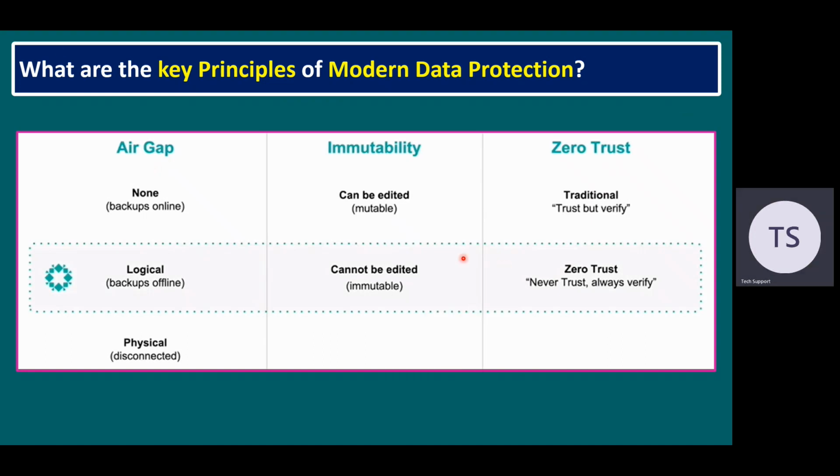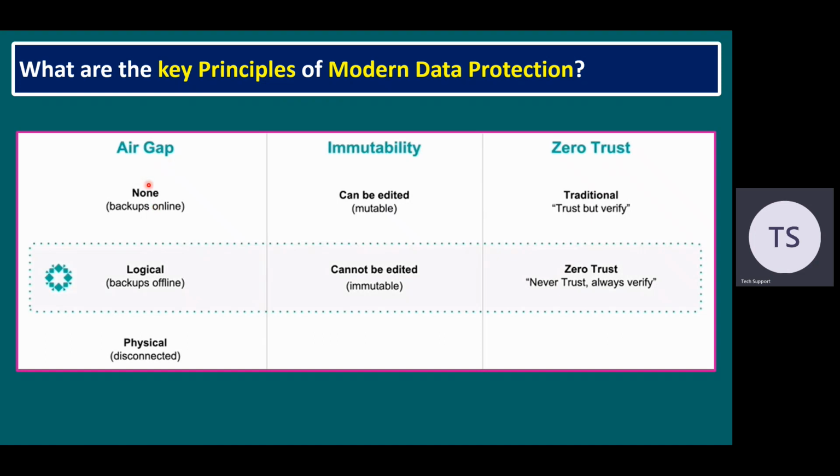When we look at modern data protection using the Rubrik solution, the air gap functions as a logical air gap. That means backups are offline. Backups being offline means that even external hackers or any vulnerability attack cannot reach your backup data, which is in a completely offline state. So it's completely protected data.